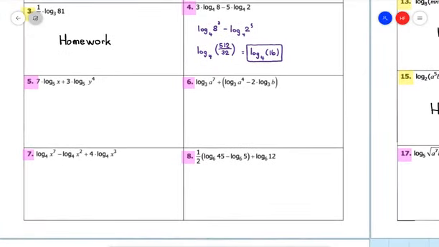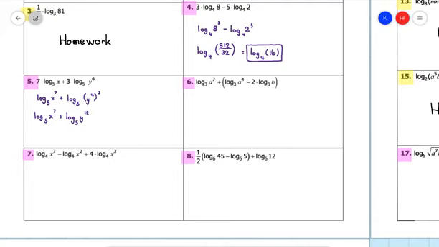And then on number 5, again, we've got a very long log here that we need to work with, but they have coefficients, so I'm going to move those to the powers first. So log base 5 x to the 7th plus log base 5 y to the 4th cubed, log base 5 x to the 7th plus log base 5 y to the 12th.